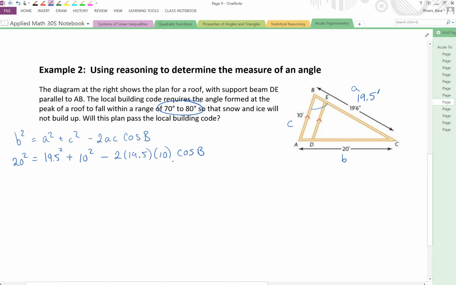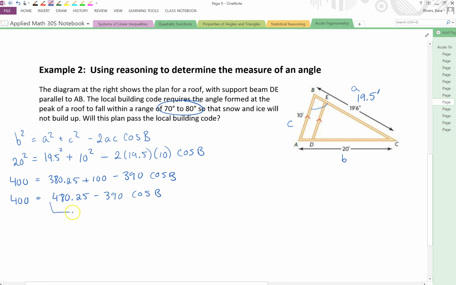If I do that, I've got 400 is equal to 380.25 plus 100 minus 390 cosine of angle B. Combine anything I can. That would give me 480.25 minus 390 cosine of angle B.